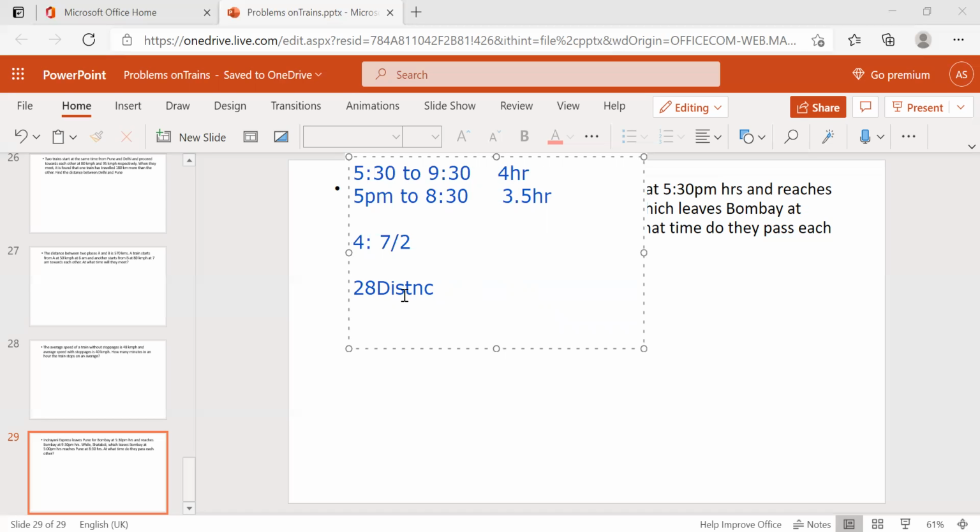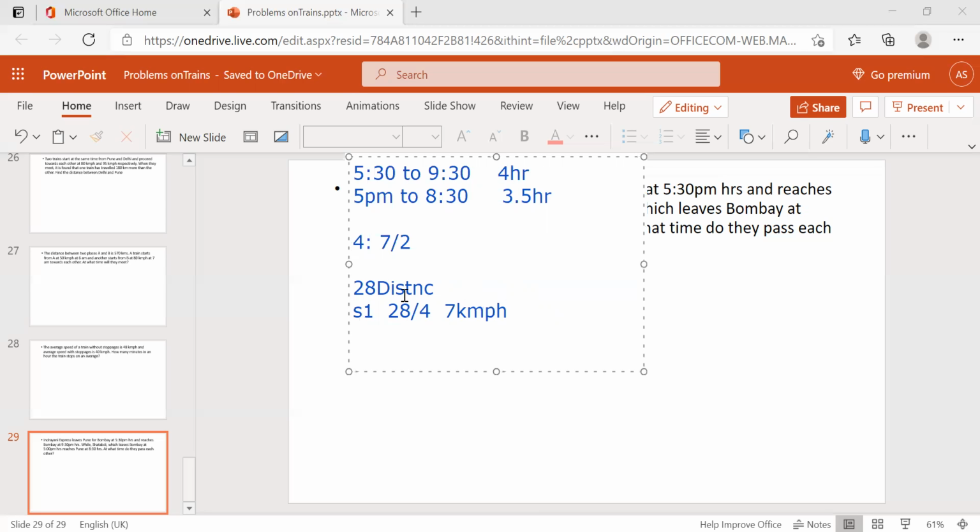Now we know the distance and we know the times, 4 hours and 3.5 hours. Then calculate the speed. Speed 1, for Indrayani Express, is 28 divided by 4, which is 7 kilometers per hour.